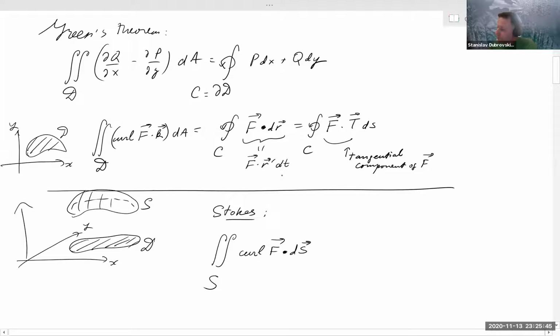Remember our interpretation from last time was we have to do the dot product with the unit normal to the surface, and that's guaranteed to exist if we're talking about orientable surfaces, dS, where this is now the scalar area element.